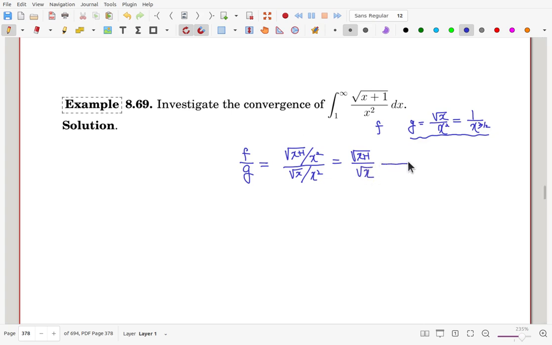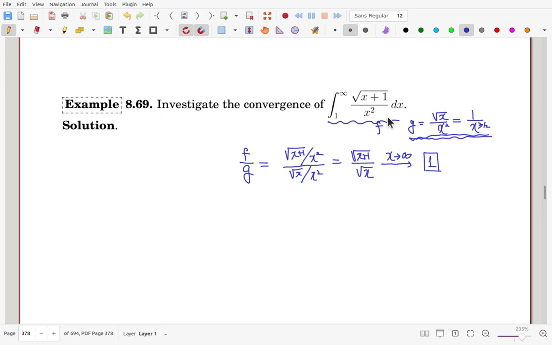Once x approaches infinity, it approaches 1. So the limit is 1, a positive number, and we already know that the integral of g is convergent, so this given integral should converge, right?